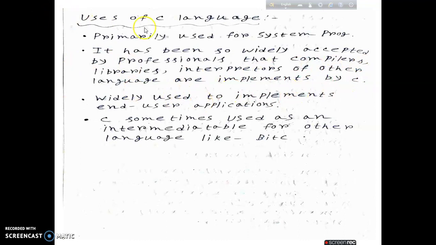That's why we can say C is a widely accepted language. It is also widely used to implement lots of end user applications developed in C.